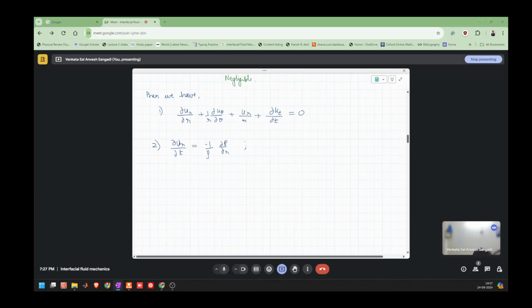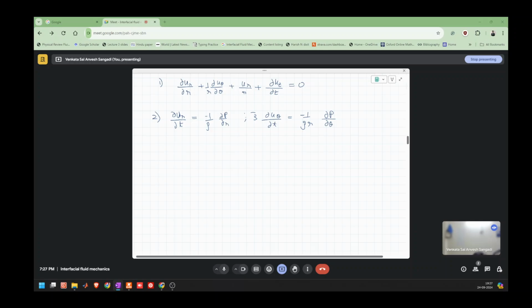Similarly, third: del u theta by del t is equal to minus 1 by rho r del p by del theta. And then fourth: del u z by del t is equal to minus 1 by rho del p by del z.